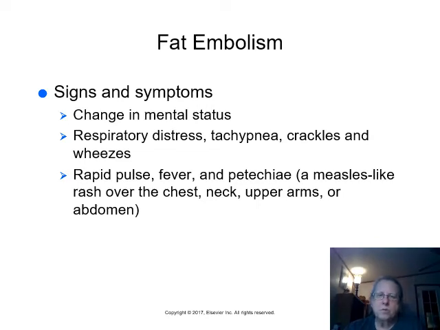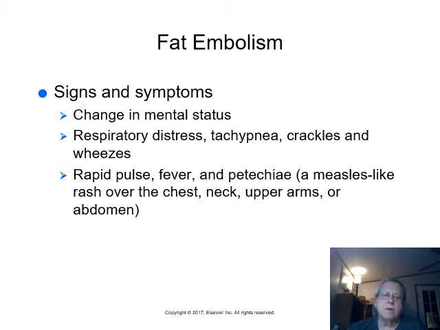Another complication, moving on from infection, is fat embolism. Signs and symptoms: we're going to see changes of mental status, respiratory distress, tachypnea, crackles and wheezes. Once again, these crackles and wheezes are usually because of the inflammatory process that's going on, because you have an embolus inside your arterial system causing this.